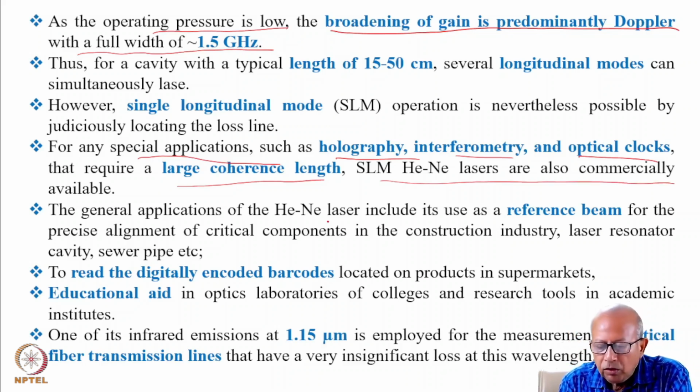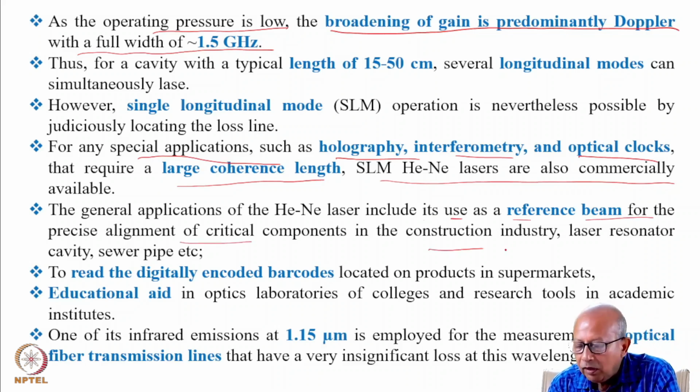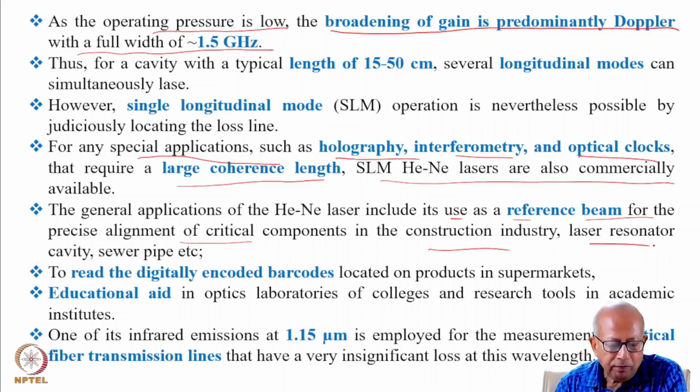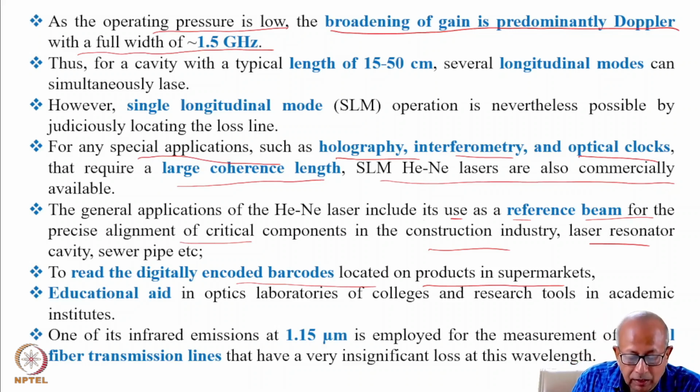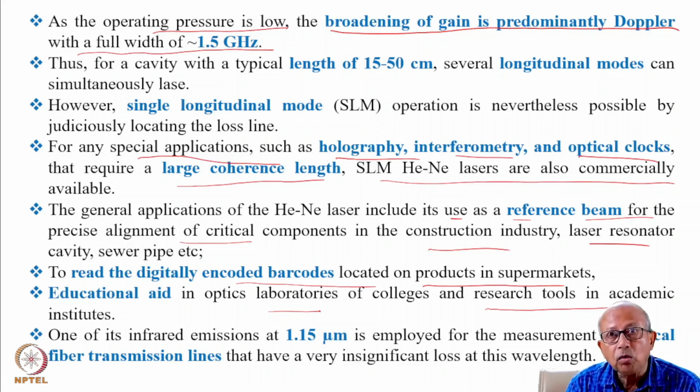The general applications of helium neon laser include its use as a reference beam for the precise alignment of critical components in the construction industry, laser resonator cavity, sewer pipe, etc. You also know that to read digitally encoded barcodes located on products in supermarkets, helium neon laser has also been used. It has proved very useful as an educational aid in optics laboratory and many research experiments in academic institutes, because it can give very highly monochromatic output.